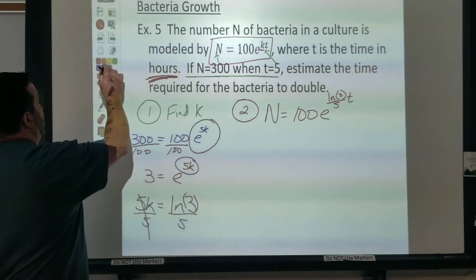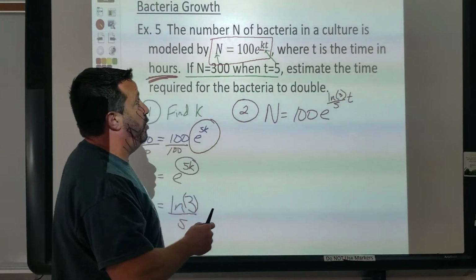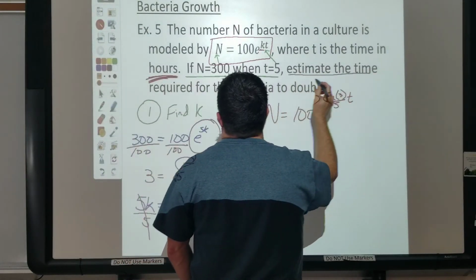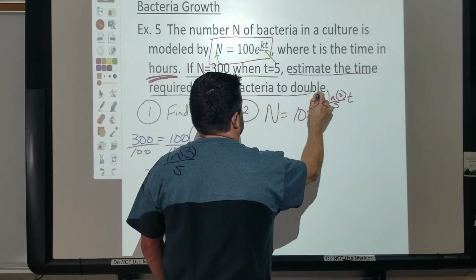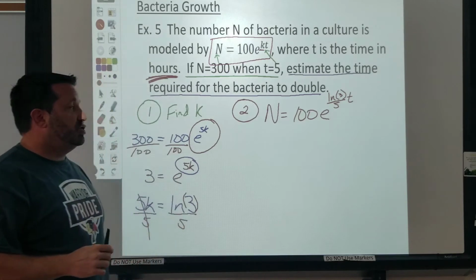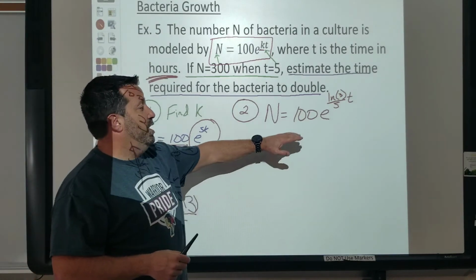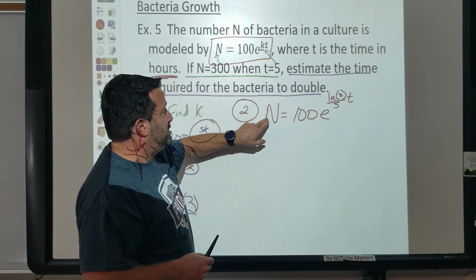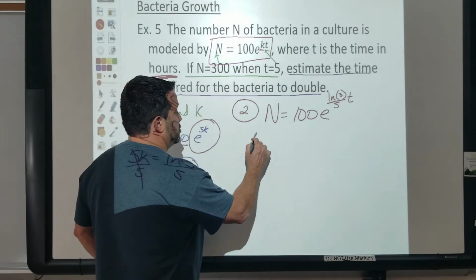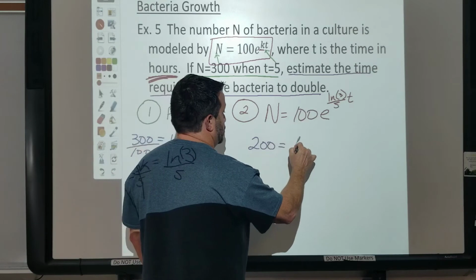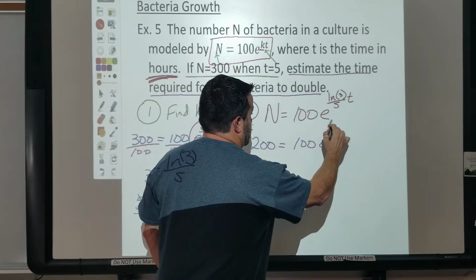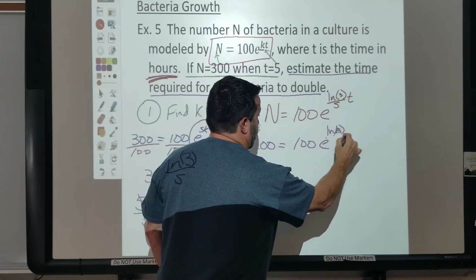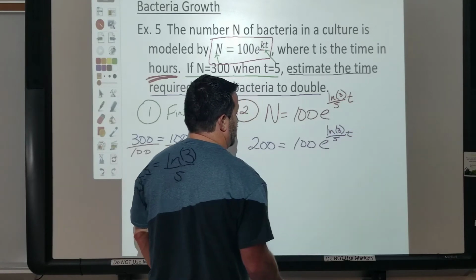Now that I've done that, I can actually look at what it wants to know. It wants me to estimate the time required for the bacteria to double. Okay? So for it to double, again, I have to know that this 100 represents the initial amount. So for it to double, that means n would have to be 200. So 200 equals 100 e to the natural log of 3 over all divided by 5 times t.